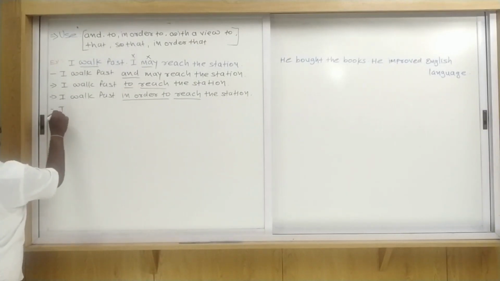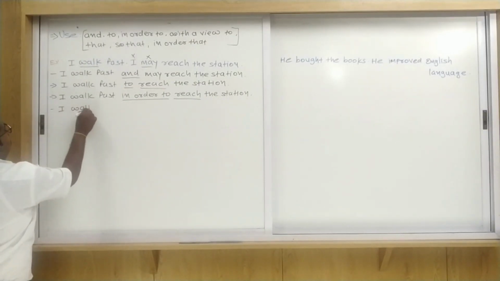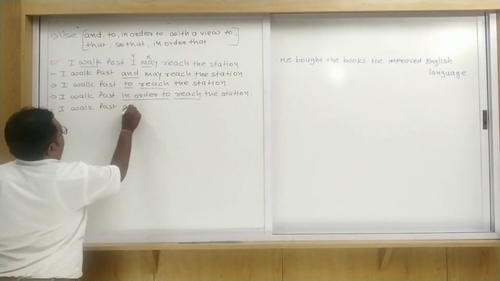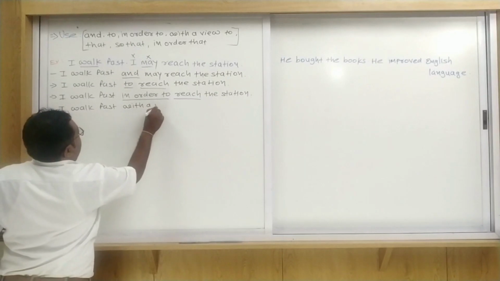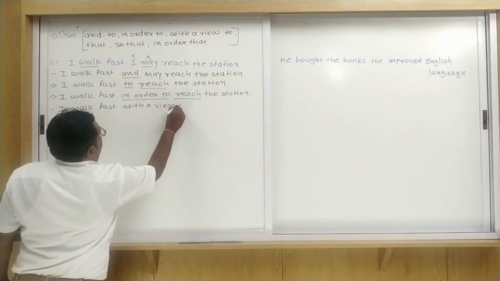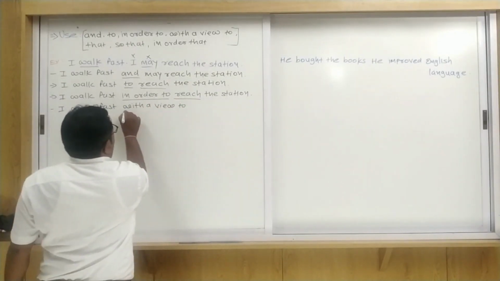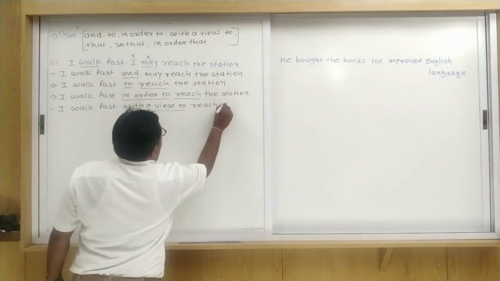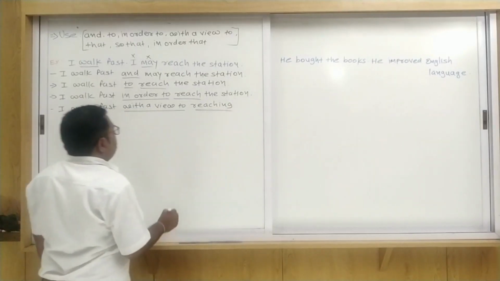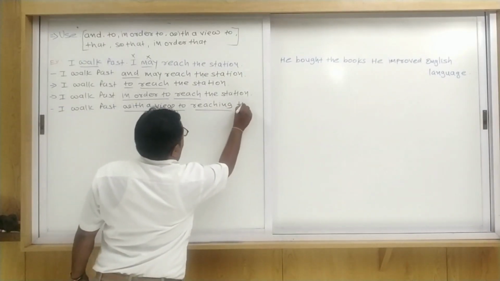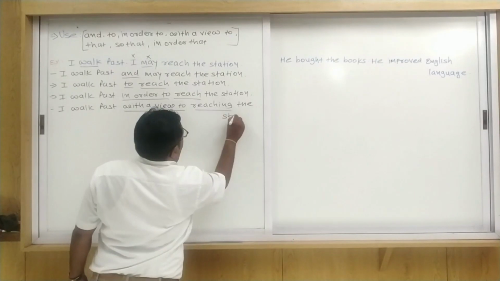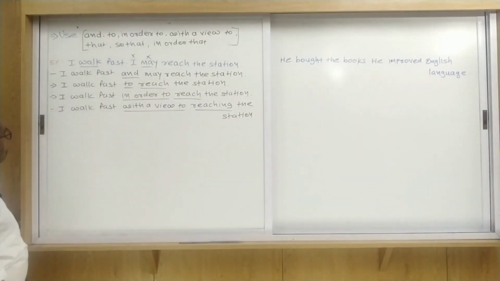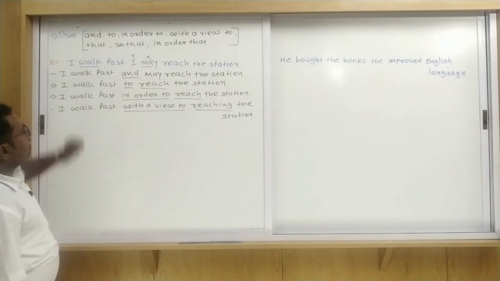So I walk fast with a view to reach, then we use reaching, with a view to reaching the station.